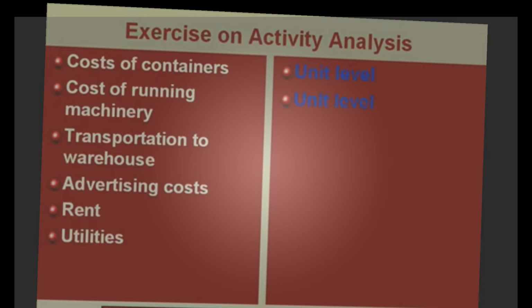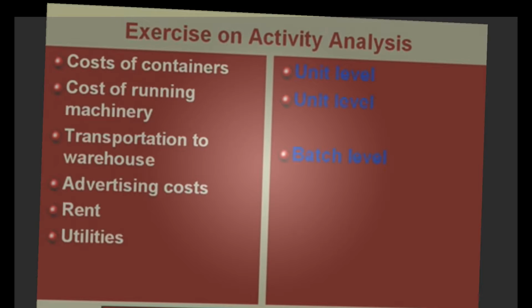Transportation to warehouse, that's moving finished products to warehouse. Answer is batch level. Do you think they move items by individual containers or in batches? Chances are they move it to the warehouse in batches, so it's batch level.